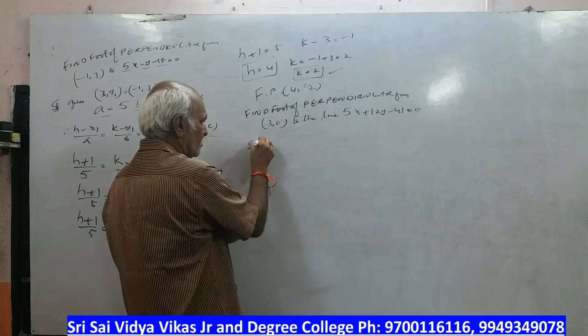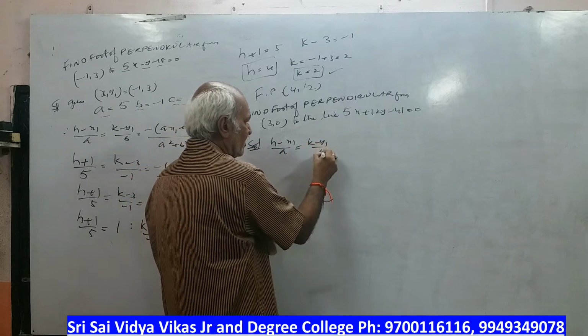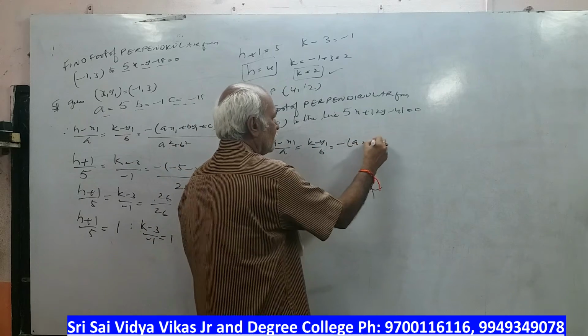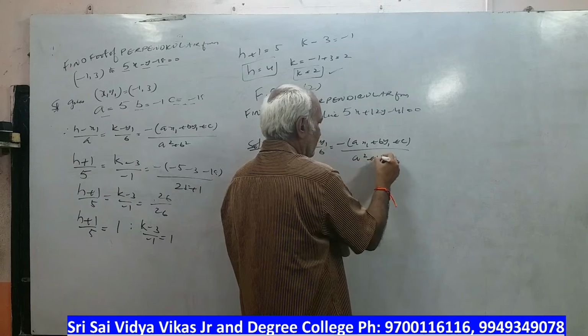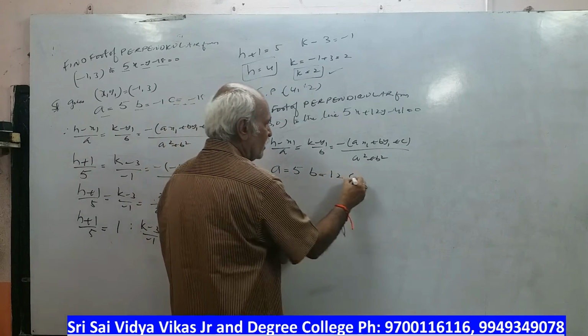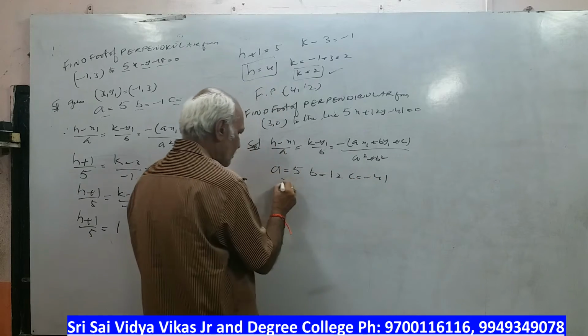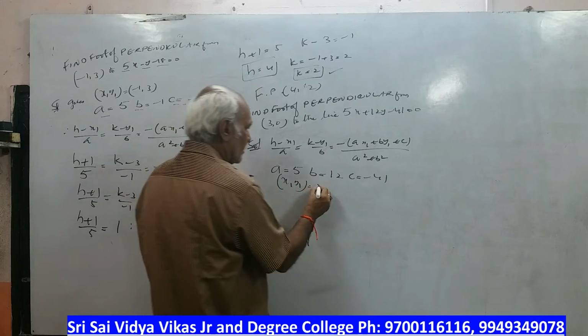Again, the formula: (h minus x1) by a, (k minus y1) by b is equal to minus of (a x1 plus b y1 plus c) by (a square plus b square). Here a value 5, b value 12, c value minus 41, x1, y1 is 3 comma 0.